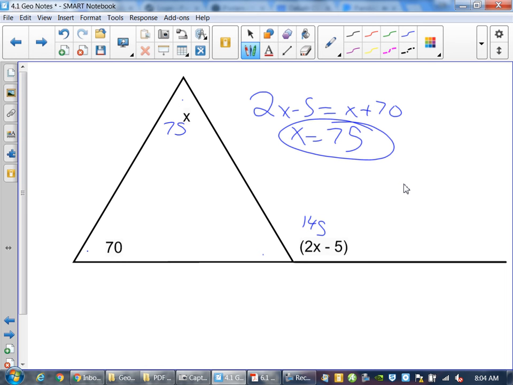If I take 75 and 70, subtract that from 180, what are you left with? How much? Use your calculator. 35.